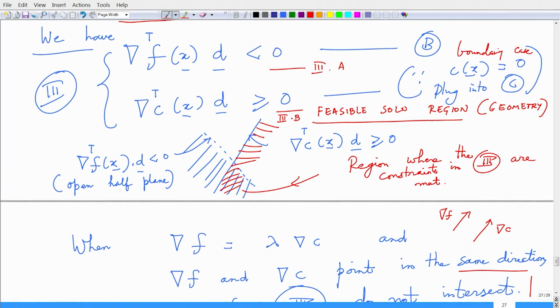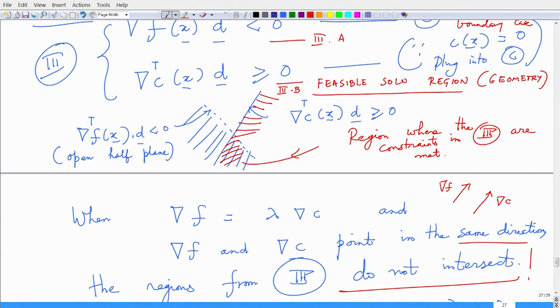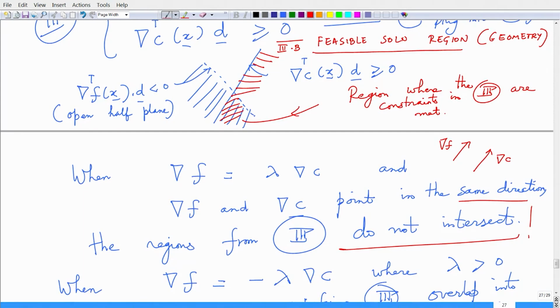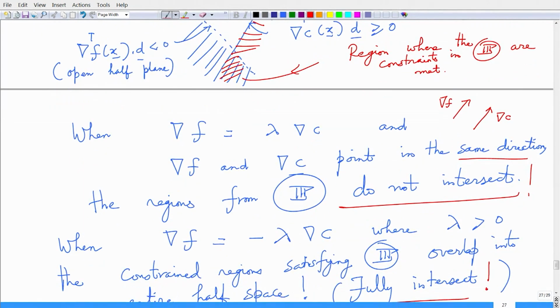So, the lambda anyway can be pulled out, it is 0 upon lambda, which is 0. So, I can say del f transpose d is less than 0, other condition is del f transpose d is greater than or equal to 0, and that makes no sense because that says that they are not intersecting, right. So, therefore, the regions do not intersect when del f and del c are pointing in the same direction.